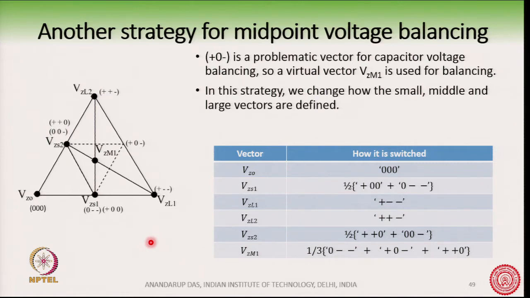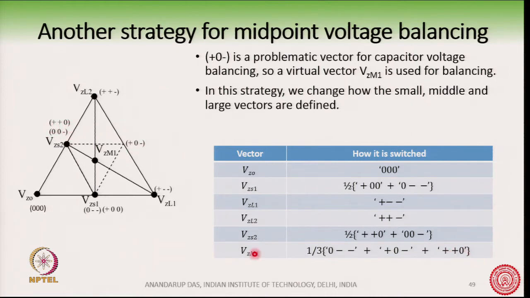Now, the important part, Vz_m1, this vector. How are we generating this vector? We are generating it by switching 1/3 of 0 minus minus, that is this one, plus 0 minus, that is this one, and plus plus 0, that is this one.